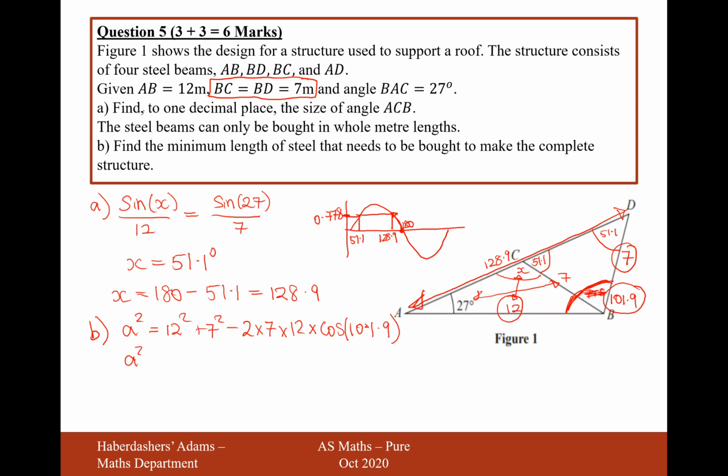Working out the right hand side, 12 squared plus 7 squared minus 2 times 7 times 12 times cos of answer, equals 227.6, and therefore square root it.